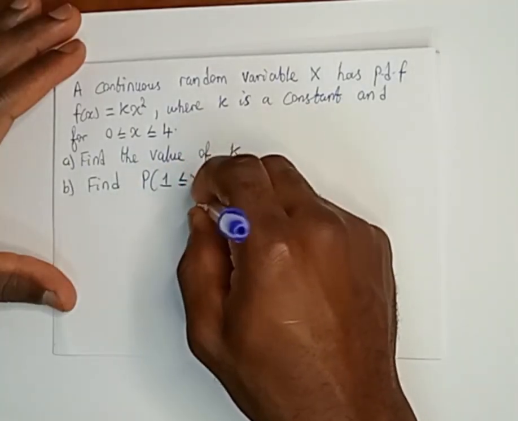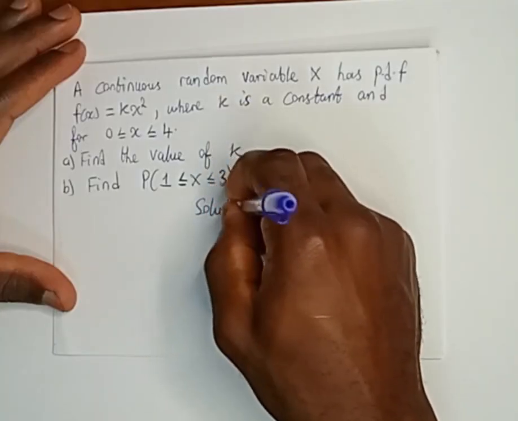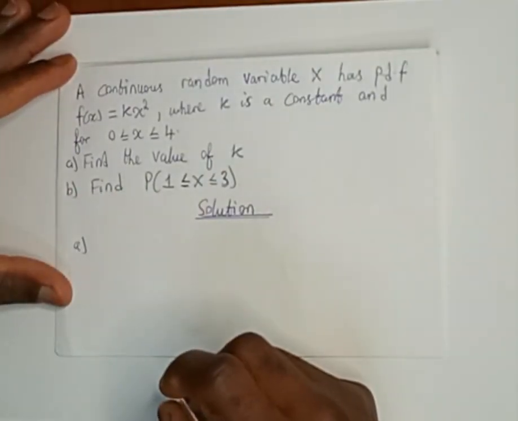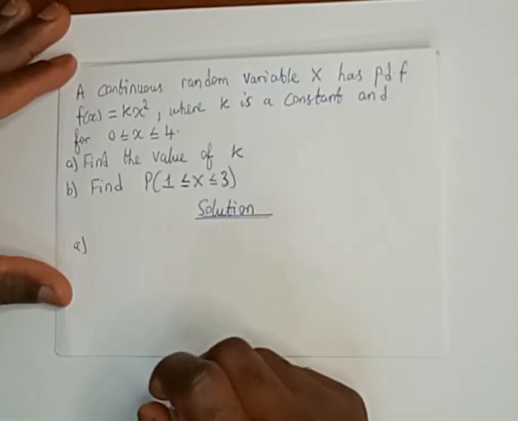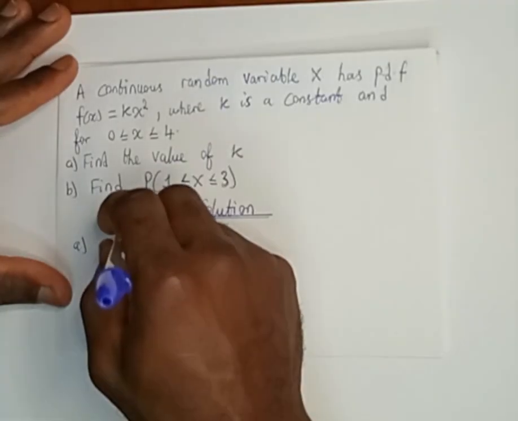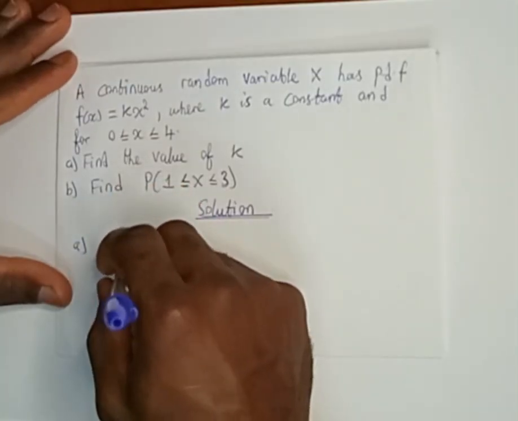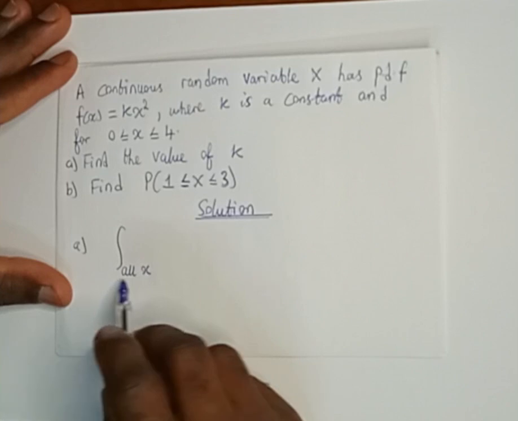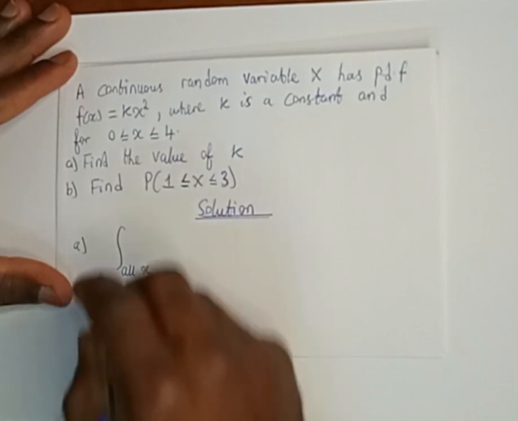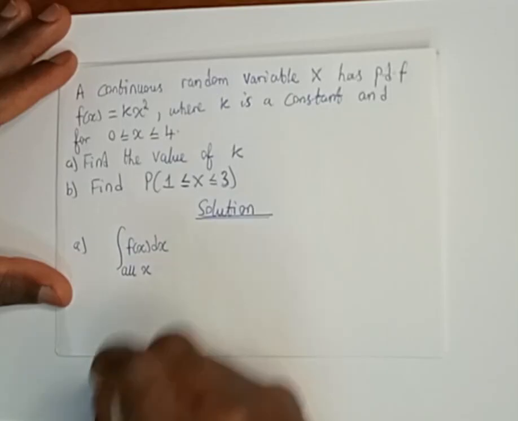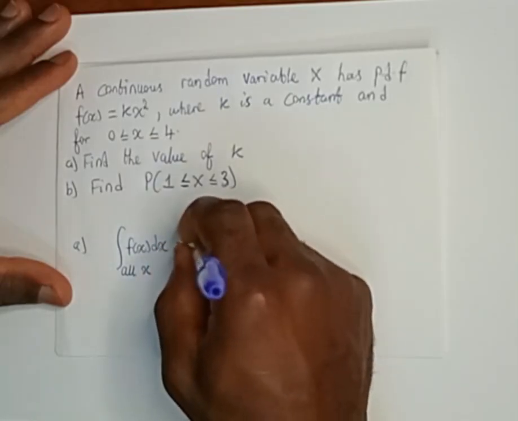We take solution. Question A. For us to answer this question, we are going to make use of the fact that for a continuous random variable, the integral for all x, that means for the defined range of values for the PDF, which is f of x dx, this will be equal to 1.